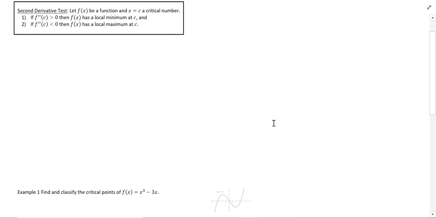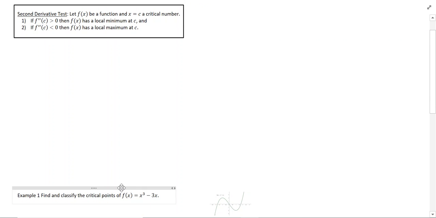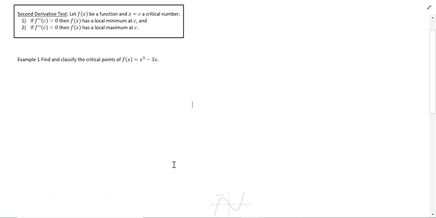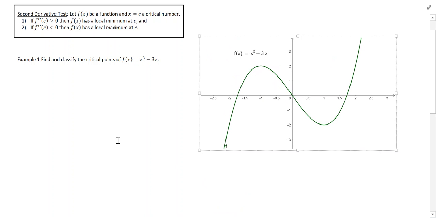I've got an example down below. I'm going to pull this up so we can see it a little more closely. The example says to find and classify the critical points of the function f of x equals x cubed minus 3x. I've gone ahead and graphed this function, and it looks like this. It's actually an odd function, symmetric about the origin.